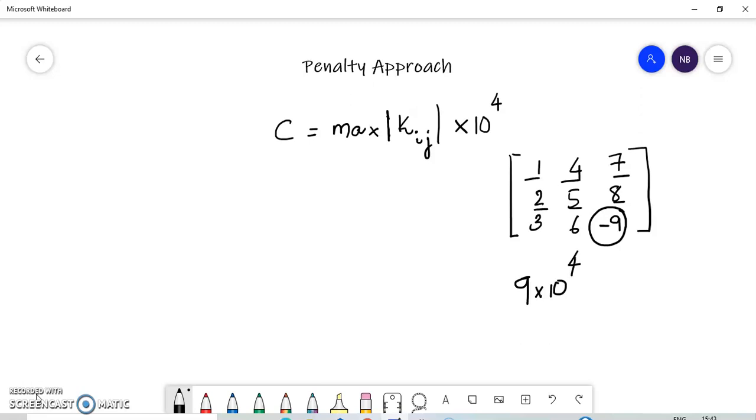So the idea is to get the maximum value and then multiply it by a very large number of the order 10 to the power 4, and this number then we have to add to the degree of freedom which is fixed. Let us take an example to demonstrate this.